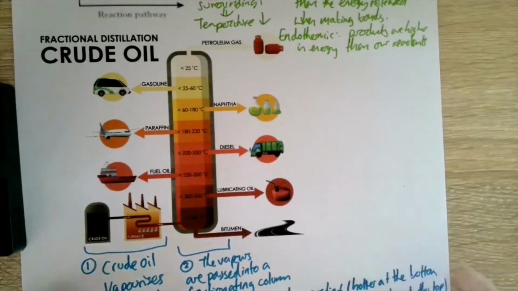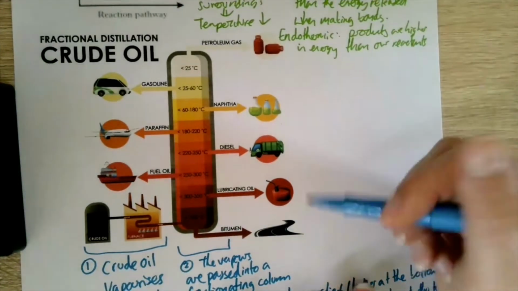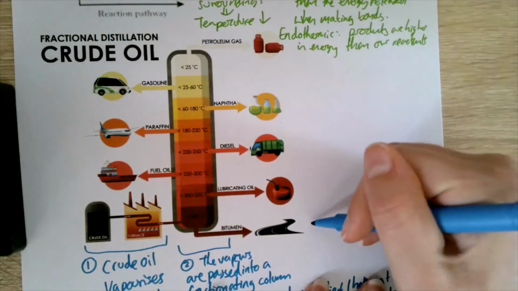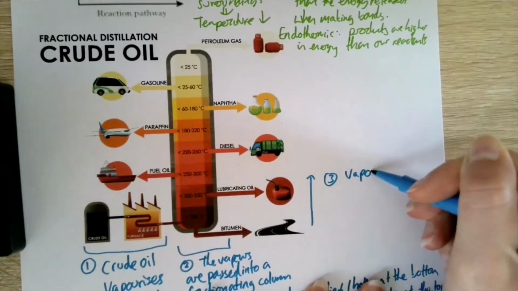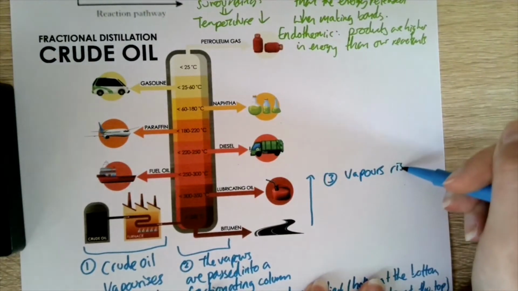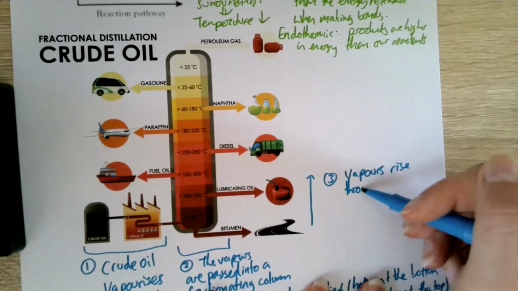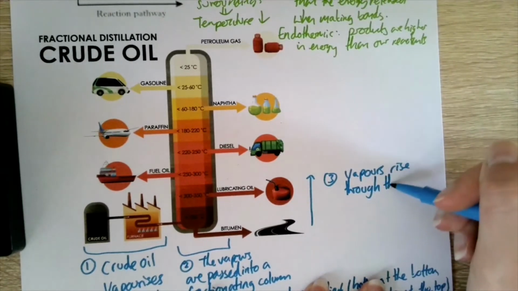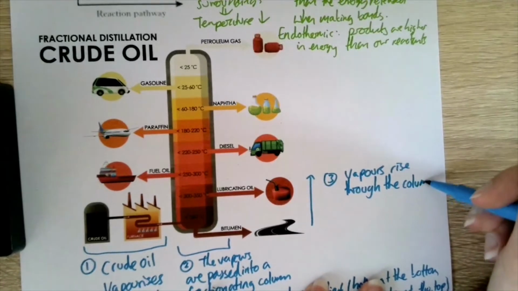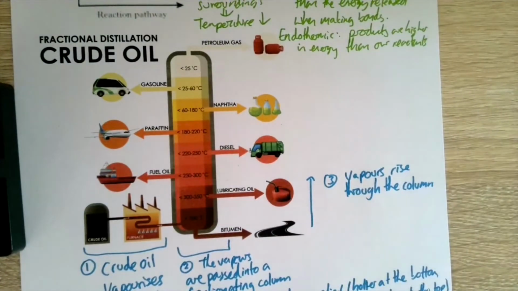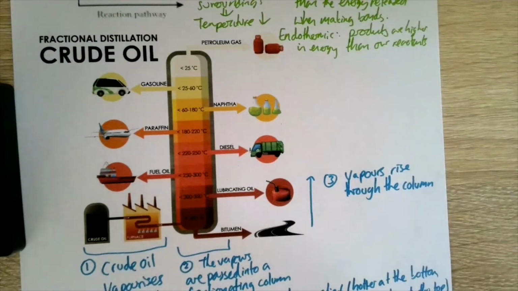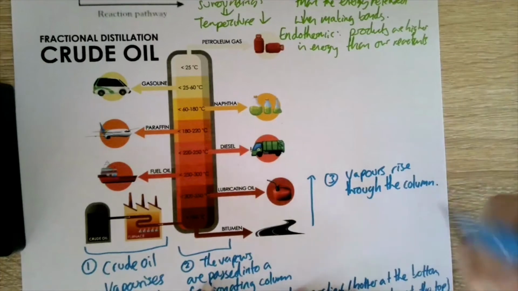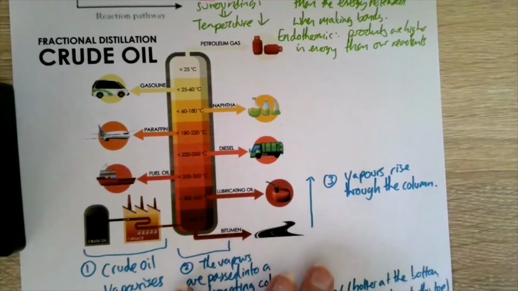So then the third thing we can say is that our vapours rise through the column, as they are gases, so they're going to rise. As they rise at their boiling point, they're going to cool and condense.